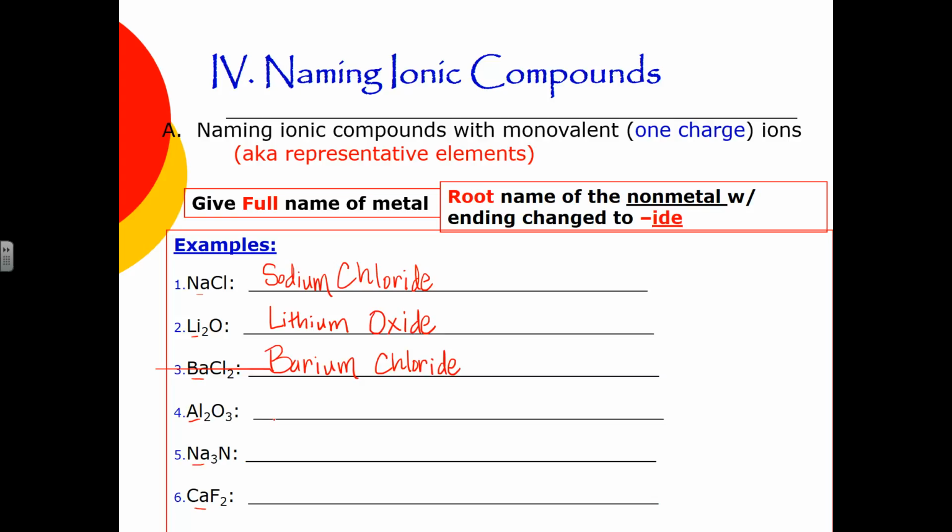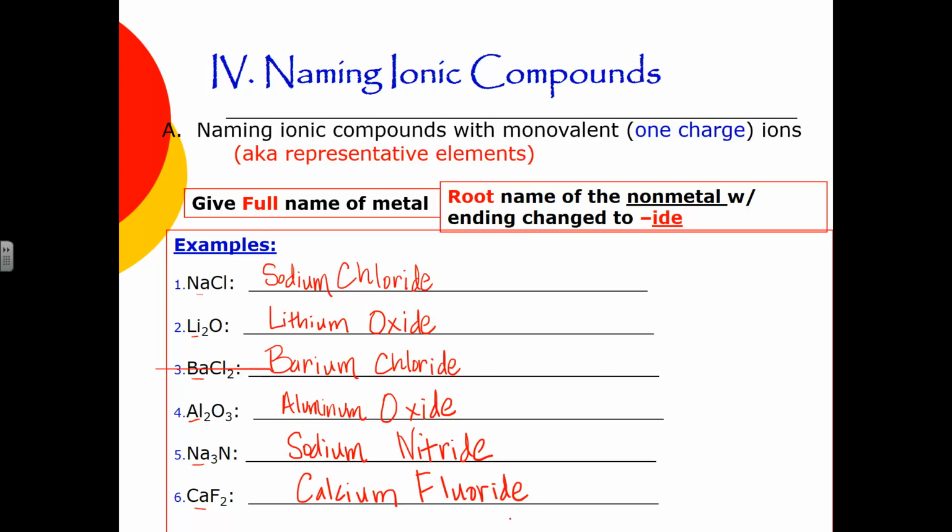Now pause the video and you try the next three on your own, and once you have named them, resume the video and see how you did. I'm going to go ahead and complete these. Aluminum oxide, sodium nitride, and calcium fluoride.